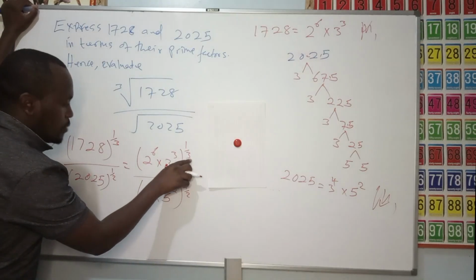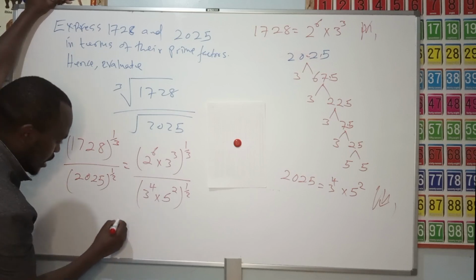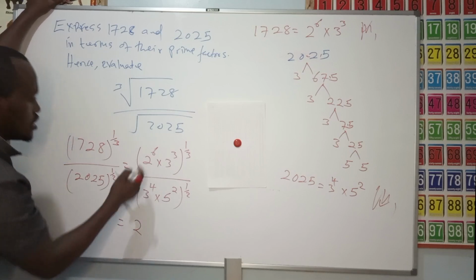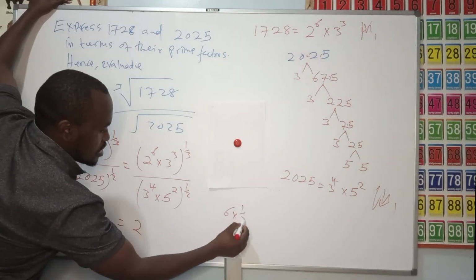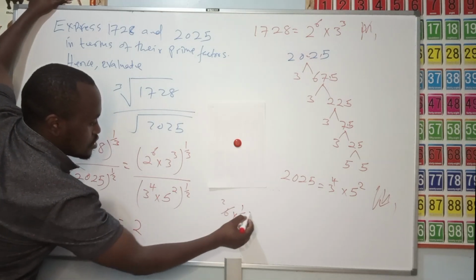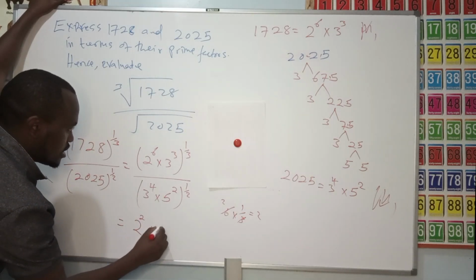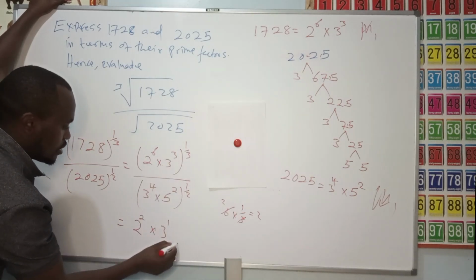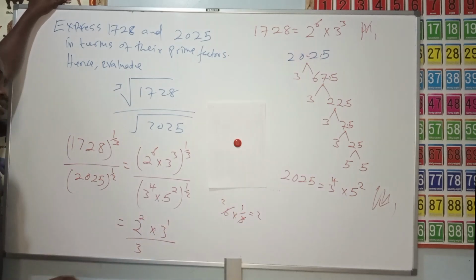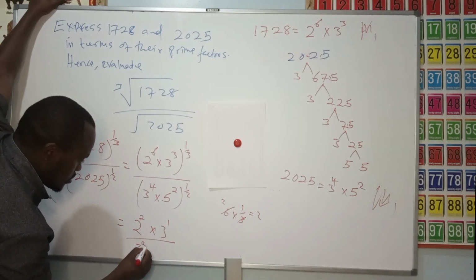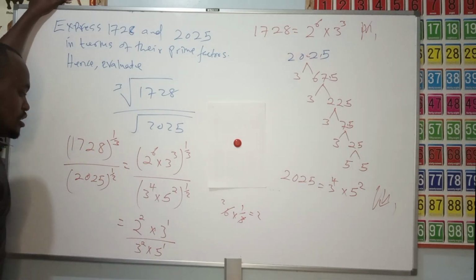Now this one, we can open the powers. You multiply 1 over 3 by these powers: 6 times 1 over 3 is 2, and 3 times 1 over 3 is 1. So the answer is 2 squared times 3 over 3 raised to 2 times 5 raised to 1, because 4 times a half is 2 and 2 times a half is 1.